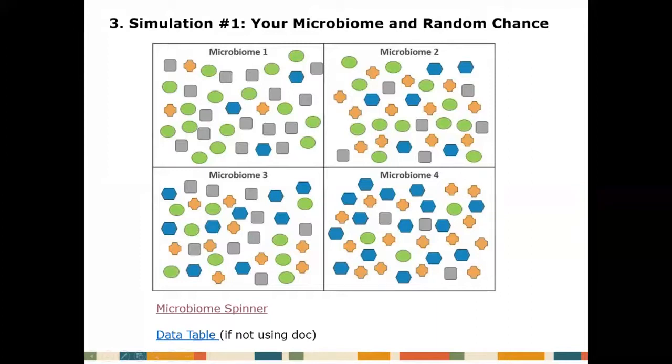The next is green, I believe, and we have, so let's count them, 1, 2, 3, 4, 5, 6, 7, 8, 9, 10, 11, 12, 13, 14, 15 green bugs. And orange, we have 3 different orange bugs or in your microbiome, bacteria. And then lastly is the gray, and it looks like we have a bunch of those. So 1, 2, 3, 4, 5, 6, 7, 8, 9, 10, 11, 12, 13, 14, 15 microbes for that.